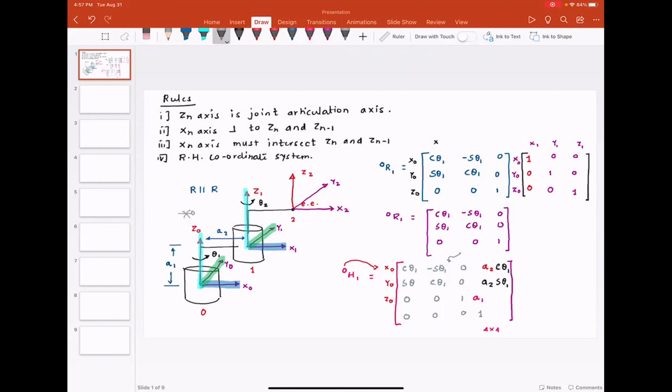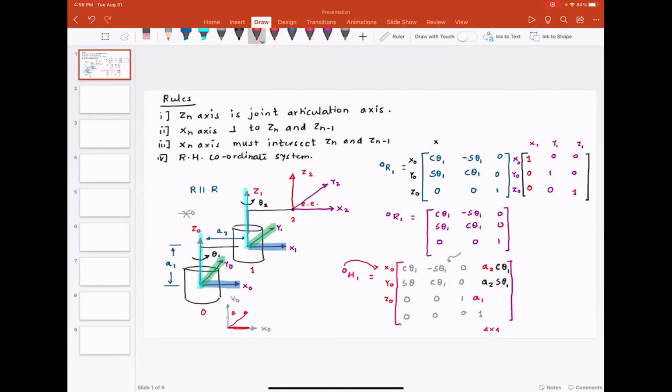As soon as I look from top, I see x0, I see y0. And the robot arm, the way it is drawn, is like this, right? But when theta changes, this robot arm would go here.